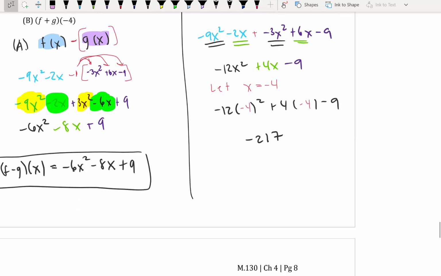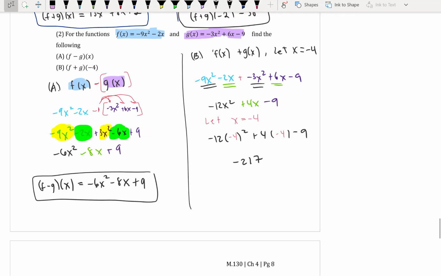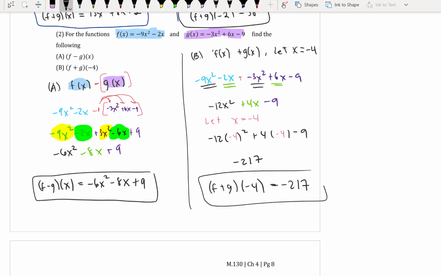So now you can say that f plus g of -4 is equal to -217. So notice how in part A it was about the subtraction, and in part B it was about the addition and letting the value x equal -4.